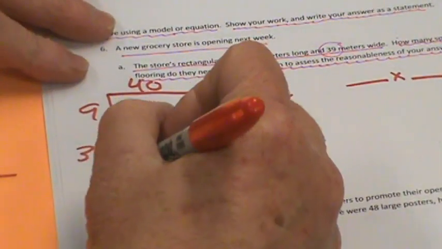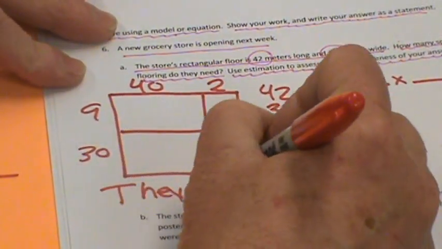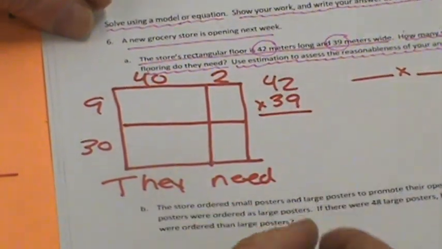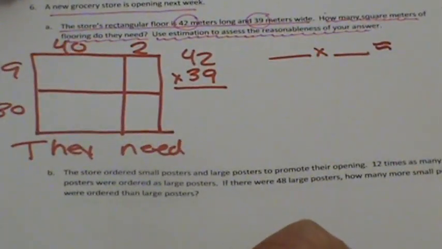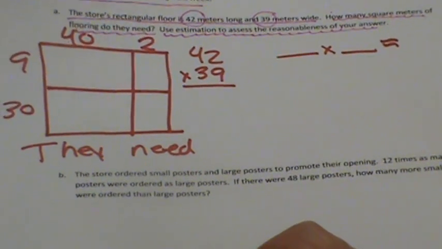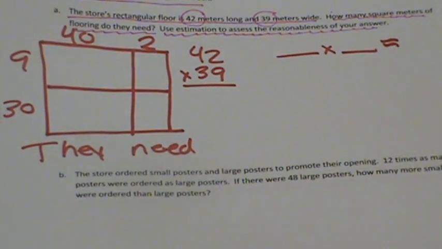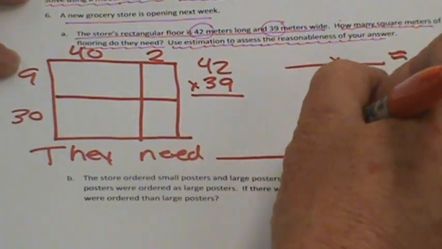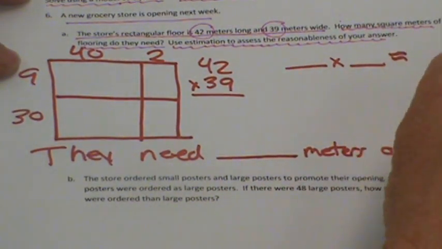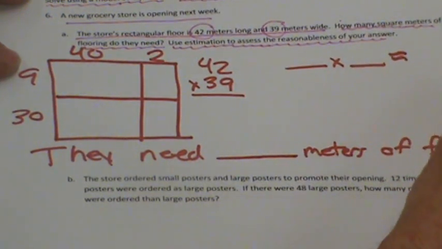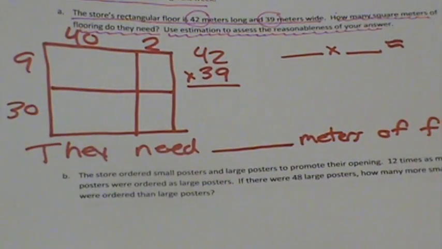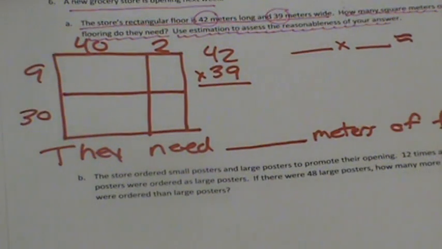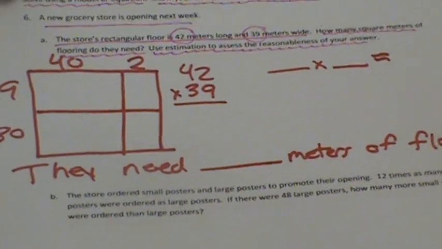Then we write, they need meters of flooring. And I know I'm going pretty fast, so that's why you can pause and set that all up. Seriously, set this up. It's going to be way too much to do if you don't have the notes. So pause there if you need to get it all down.